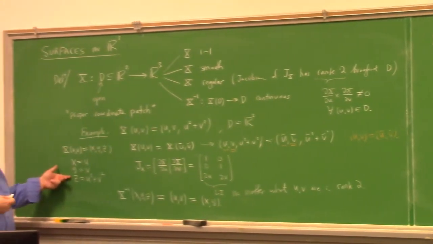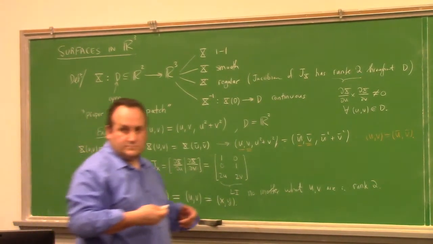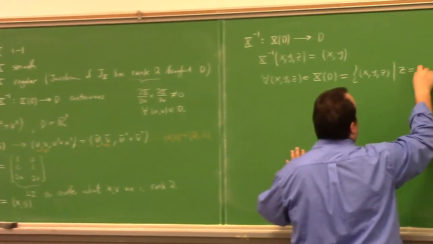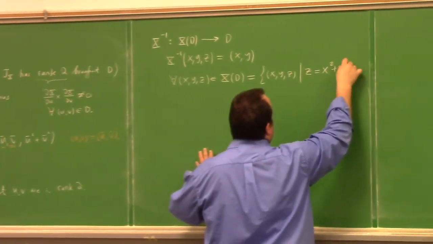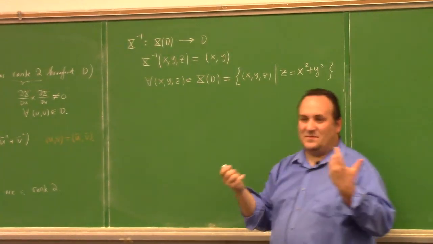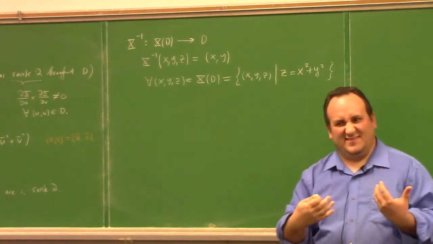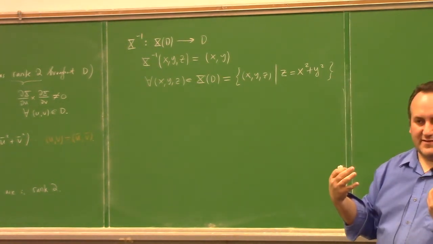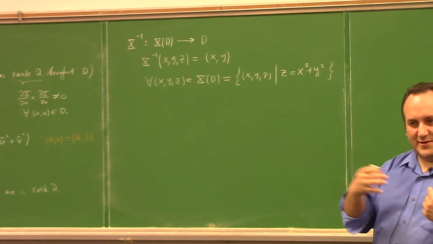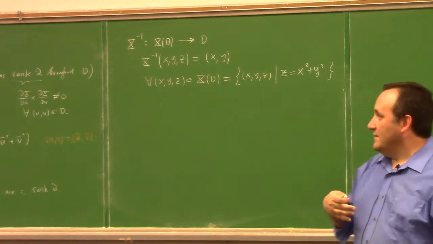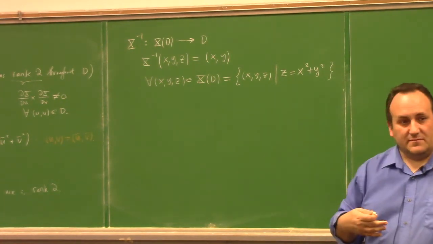Z is x squared plus y squared. So the sneakiness of the inverse map is all tied up in the domain of it. It doesn't look like it has anything to do with z on first glance, but it does, because x and y are taken together with z, which is tied to x and y in the sense that z is equal to x squared plus y squared.